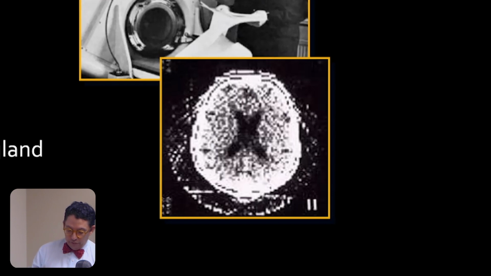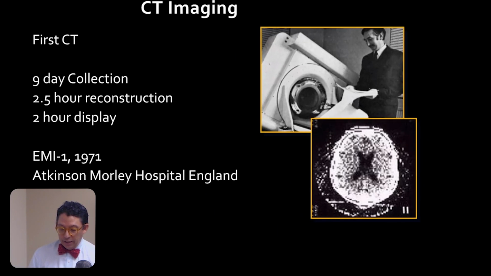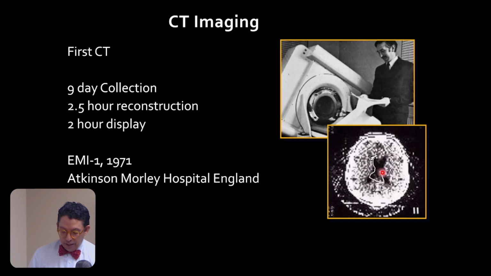Let me try to magnify that for you guys so you can see it better. So in this image, you can see that it's kind of oval shaped. That's a head. So the first CT was actually a head. And you can identify inside of the head that we have a space right here, which is dark, and that space that I put right there, which is not enhancing, are the ventricles.